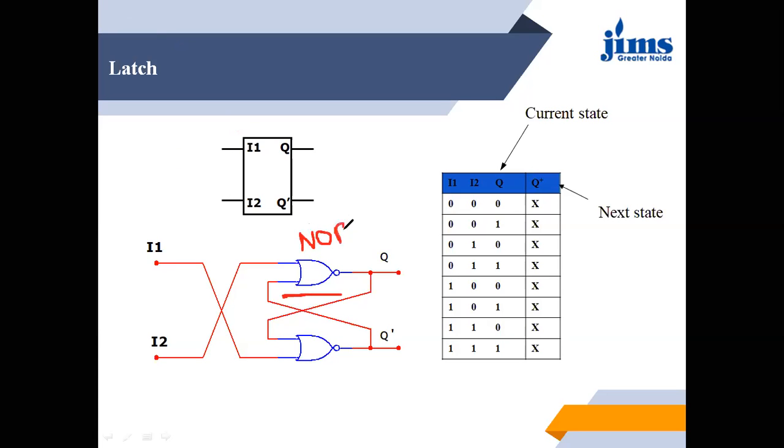Gates can be different: it can be NAND, it can be NOR, but it cannot be AND or OR, meaning we cannot use the basic gates. Only universal gates are going to implement latches. So this is the block diagram of a latch.